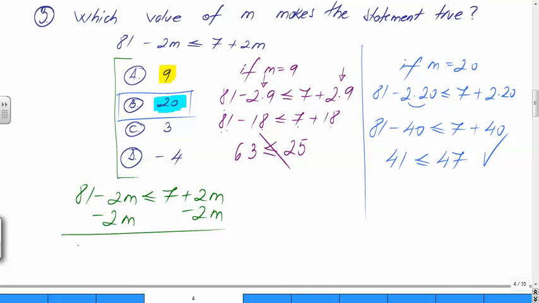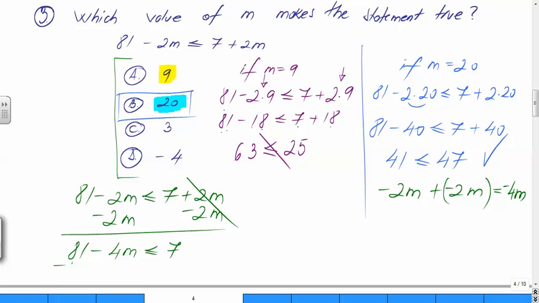What you have, 81 minus 2m will be minus 4m, right? If you don't believe me, just think about negative 2m minus 2m. When you subtract, you add the opposite, right? So you basically have to add two expressions with the same sign. Minus 2m and minus 2m will make 4m with the same sign, negative 4m, right? Good. Less than or equal to 7, 2m minus 2m would be nothing.